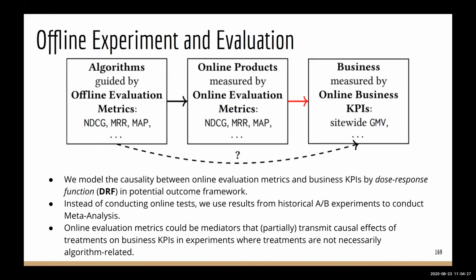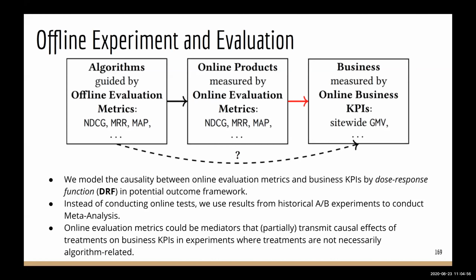The second part is, instead of trying to design what kind of A/B test we can run to derive such a relationship, we utilize historical A/B tests, right? Our assumption is that some of the historical A/B tests already have this data available, such that we can do some meta-analysis to derive these relationships.